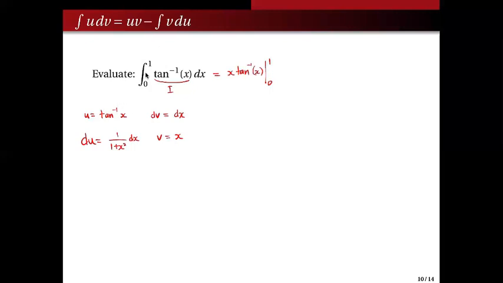Take note, it's still a definite integral. And minus the integral from 0 to 1 of v du. So we'll have x over 1 plus x squared dx. And you observe this. This is where you apply substitution rule.